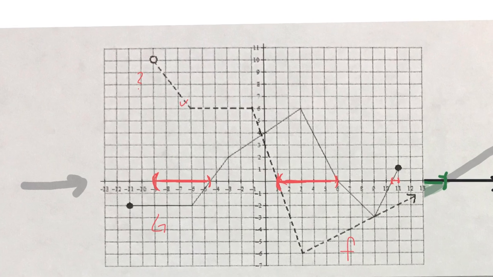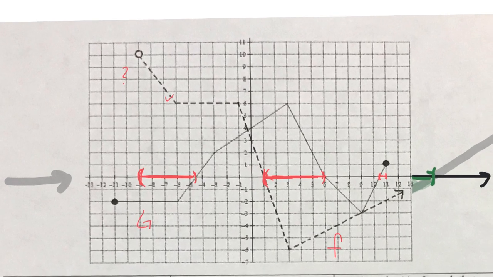So let's see. Let me erase this red one so we can start fresh. Okay, both of them are above the x-axis from negative 4.5 to positive 1. So here is one interval where they're going to have a positive product. And then we have both of them negative from positive 6 to 10.5, right?